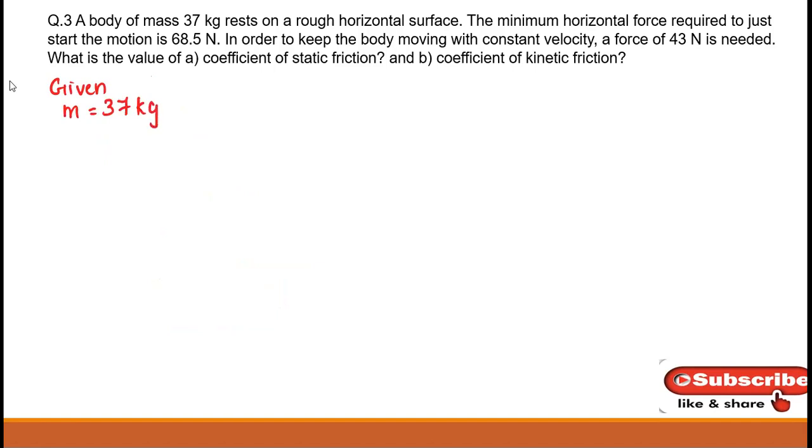The minimum force is limiting friction, that is FL is equal to 68.5 Newton. In order to keep the body moving with a constant velocity, if the body is in motion, it has kinetic friction. The kinetic force is given as 43 Newton. We want to find out the coefficient of static friction and the coefficient of kinetic friction.